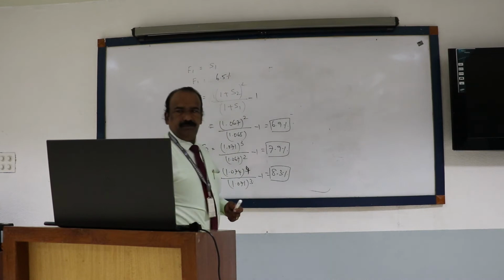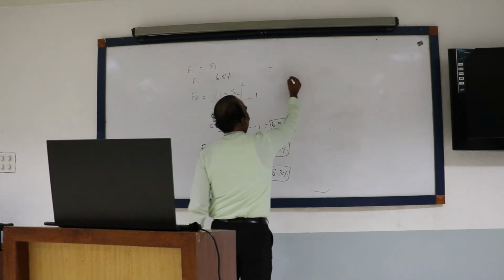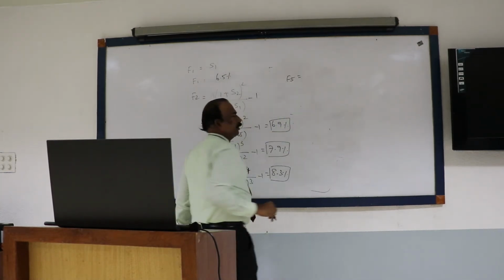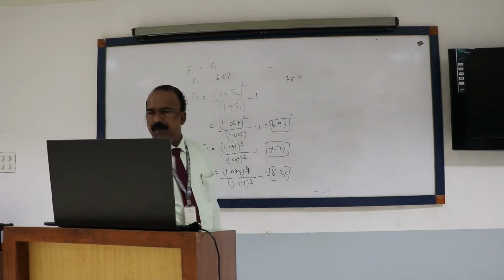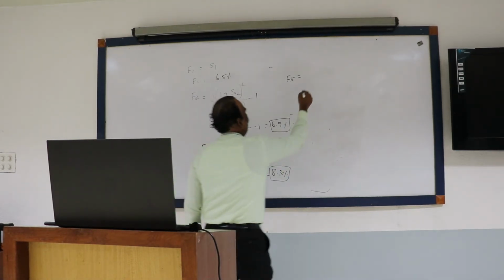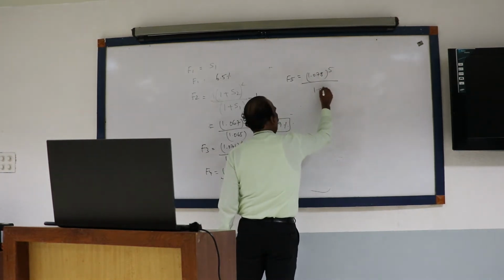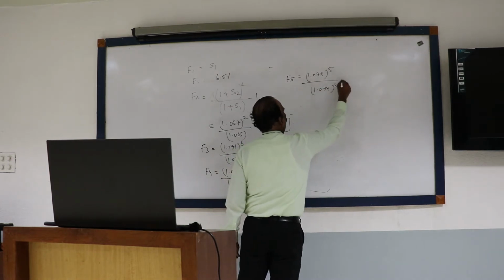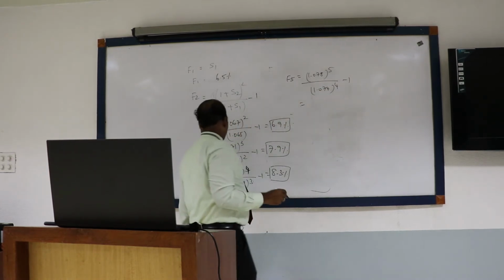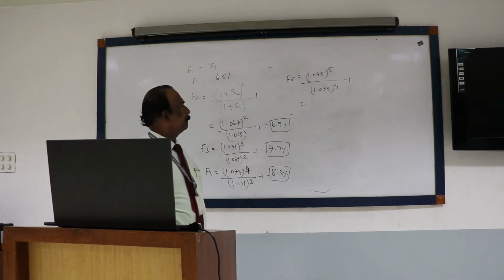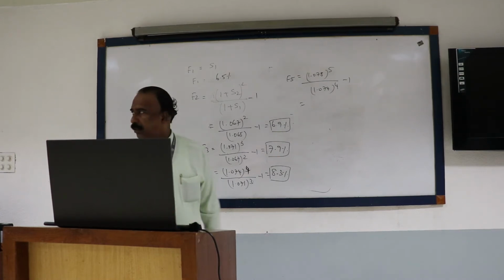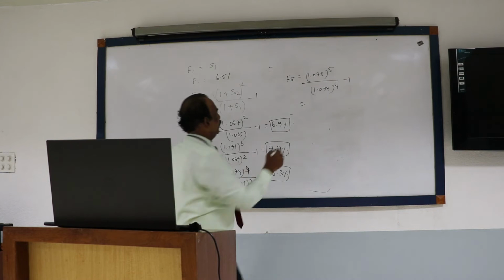F5 will be 1.078 power 5 whole divided by 1.074 power 4 minus 1. That is 9.4%.